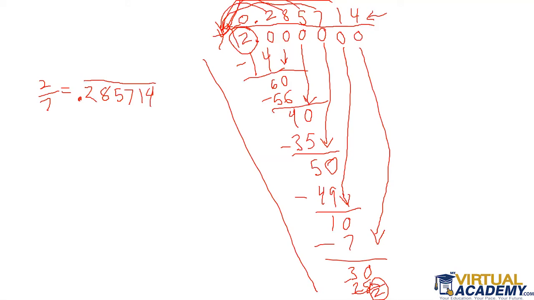I'm going to clear this. The last example we're going to do is 3/7. So if we draw the division symbol, 3 goes inside, 7 goes outside. 7 goes into 3 0 times.